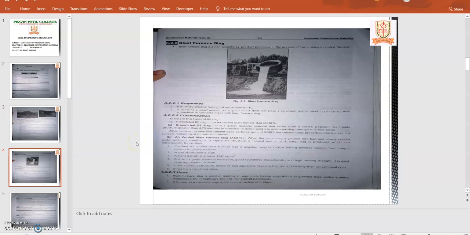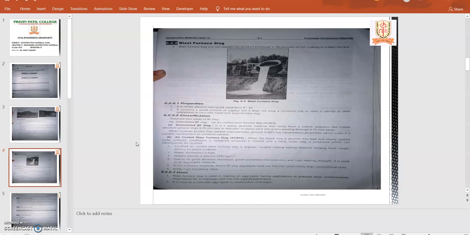Then blast furnace slag. The blast furnace slag is a non-metallic byproduct produced in the process of iron making in the blast furnace. Properties: it is mildly alkaline, having a pH value ranging from 8 to 10. It contains a small amount of sulfur, but it does not pose a corrosion risk to the steel in piling or in steel embedded in a concrete made with the blast furnace slag.